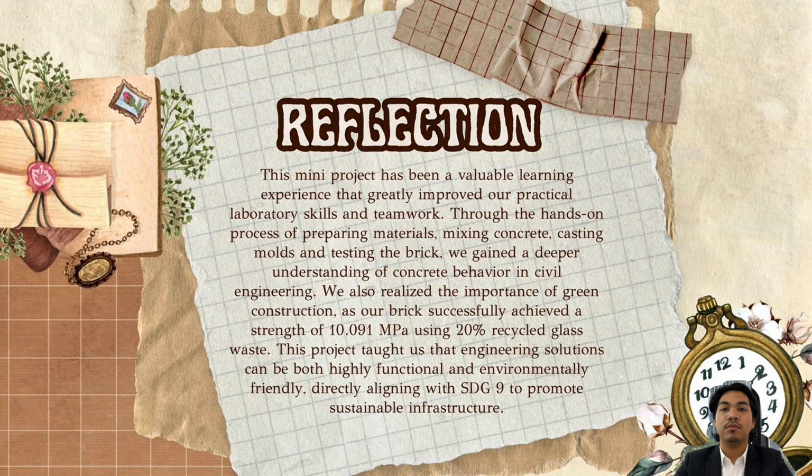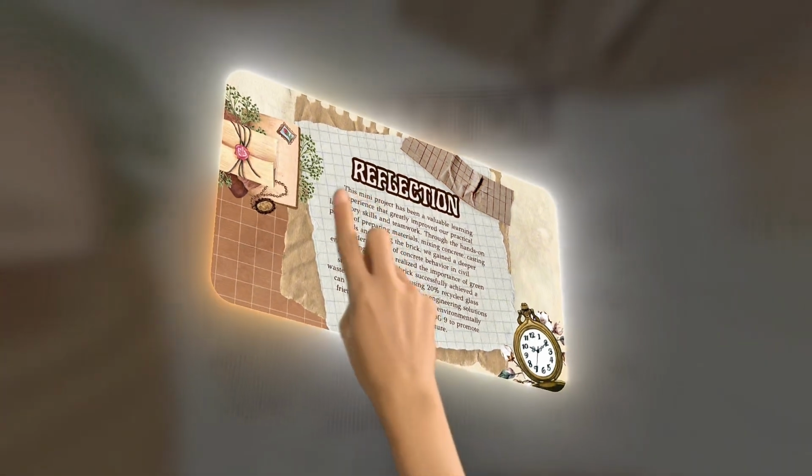We also realized the importance of green construction, as our brick successfully achieved a strength of 10.091 MPa using 20% recycled glass waste. This project taught us that engineering solutions can be both highly functional and environmentally friendly, directly aligning with SDG 9 to promote sustainable infrastructure.